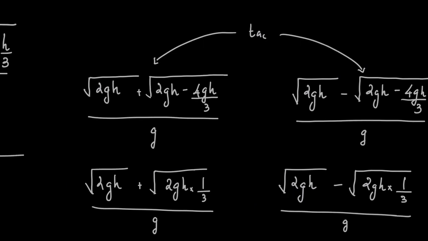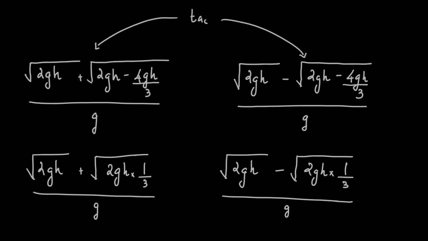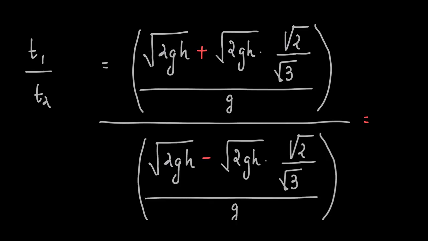Now, this actually gives us two values: minus b plus root of b square minus 4ac and minus b minus root of b square minus 4ac. So T1 by T2 would be root of 2gh plus root of 2gh times root 2 by root 3.